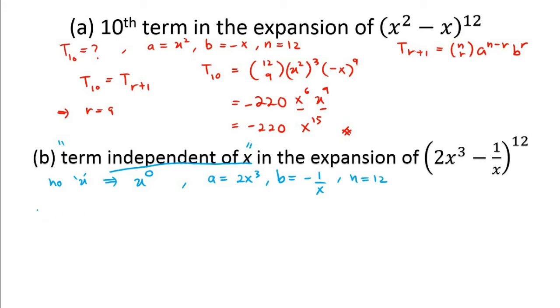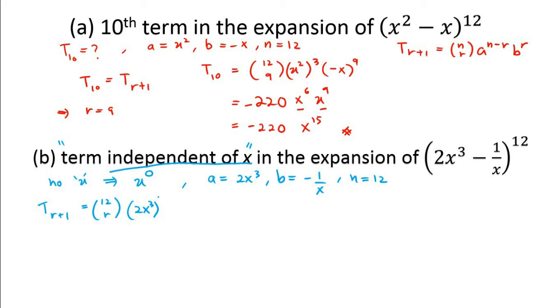Okay, and then please list down also what is your T(r+1). Substitute into the formula. We would have 12Cr, which we don't know what our r is, and then our a now is 2x cubed, right?